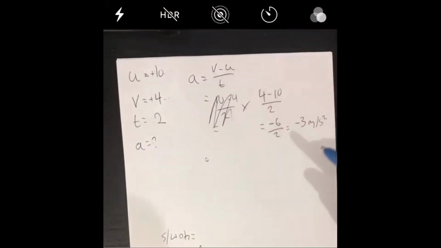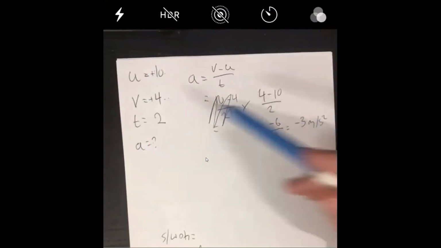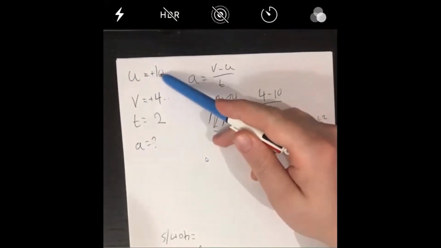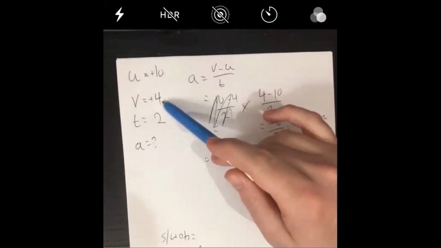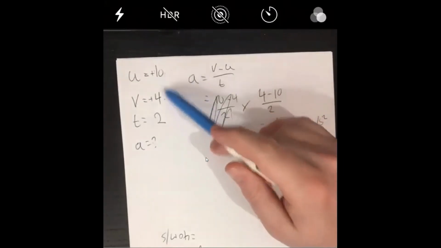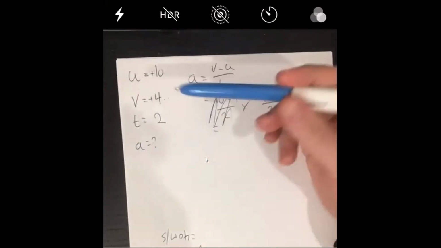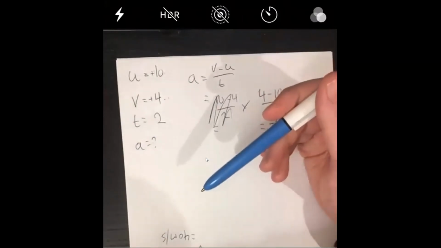Now that's interesting. Because that's a negative, that implies that whatever we're doing is slowing down, which is what's happening. We're starting at 10 meters per second, and we're going down to 4, so we are slowing down. Now the final question is, what will the speed be in another second?